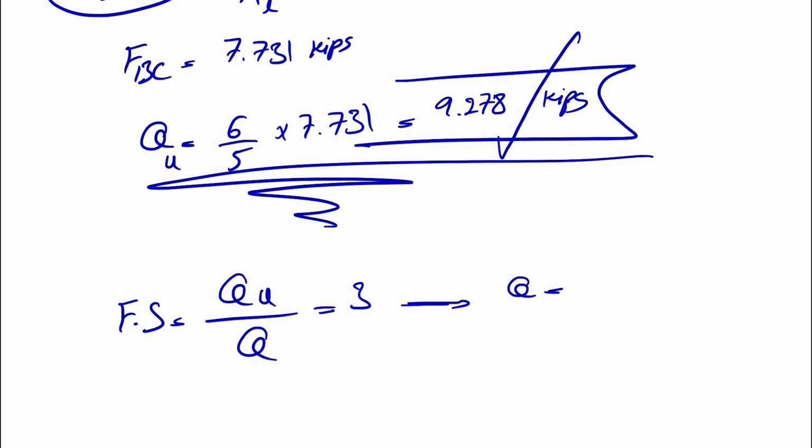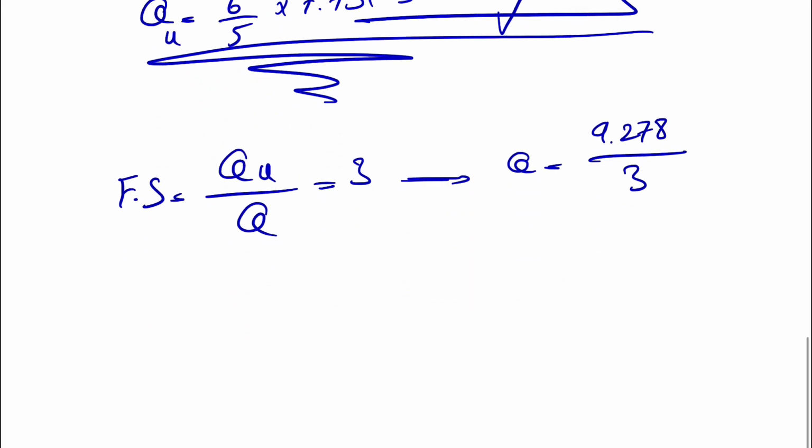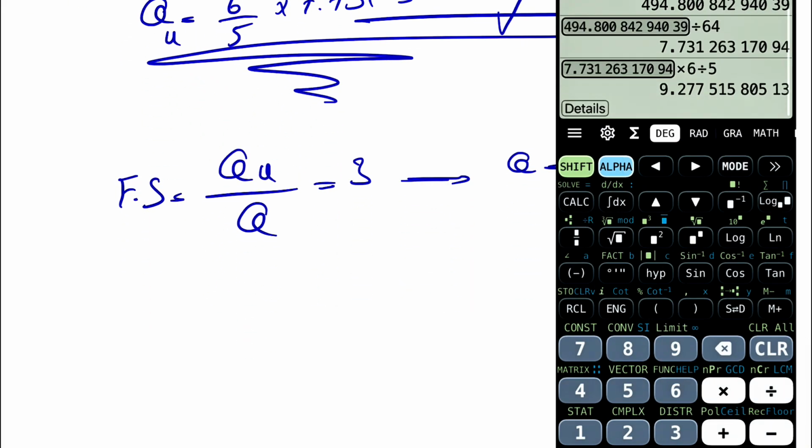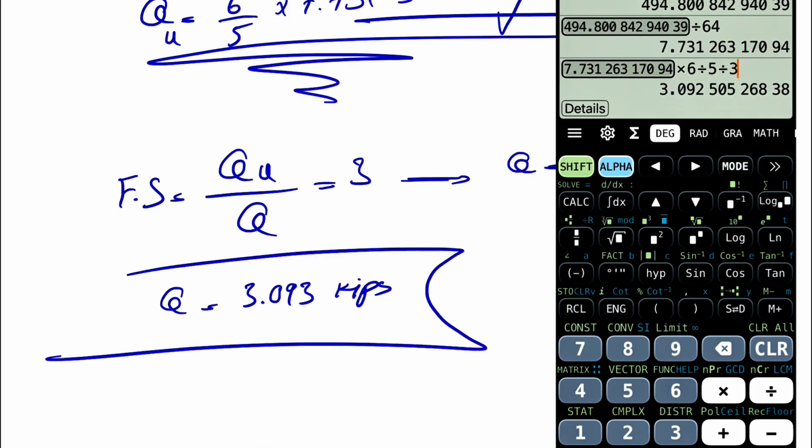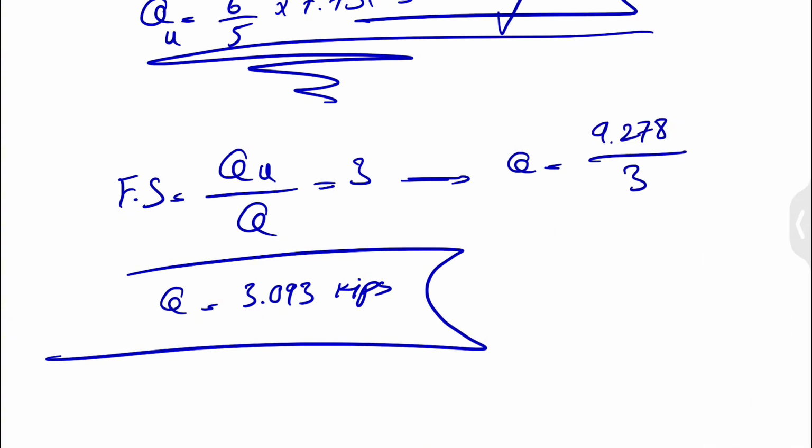So our Q in here would be basically 9.278 divided by 3. So we need to divide this by 3 since we have a factor of safety as well. So that's going to be 3.092 kips. Actually 93, we have to round up this one if we go with 3 digits. And that's going to be the final answer for this question.